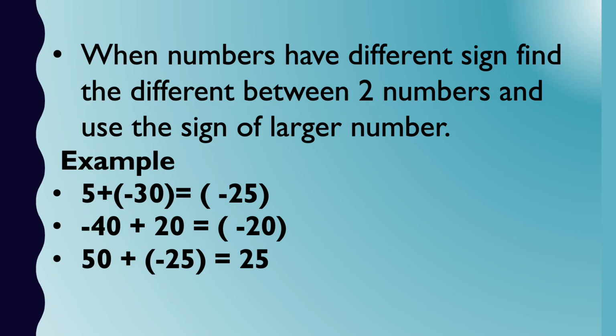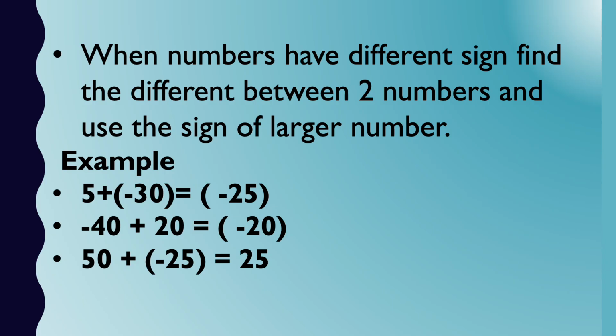Don't think about the sign right now, just find the difference. What is 30 minus 5? What is the answer? 25. Okay, so we took care of the first one.